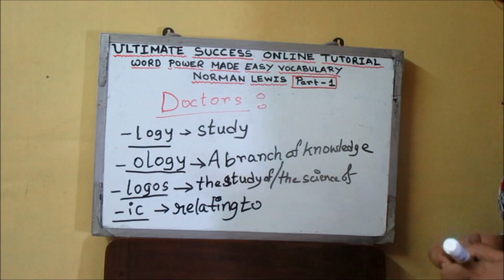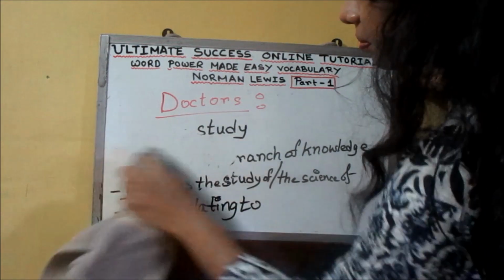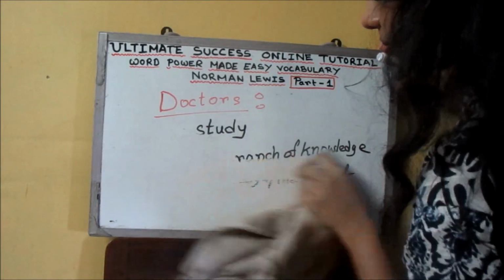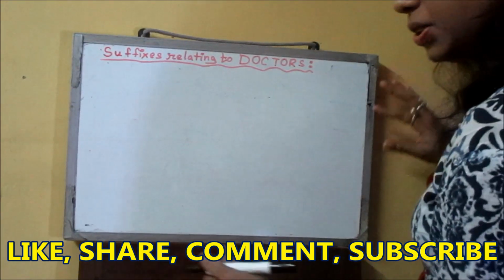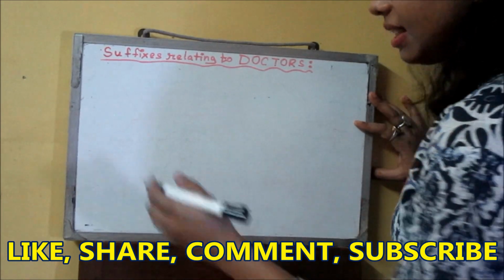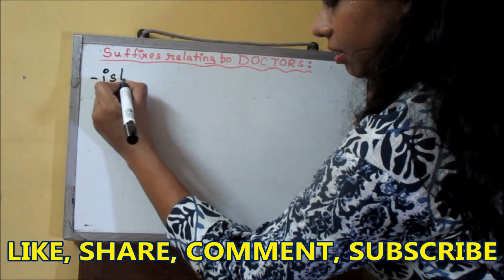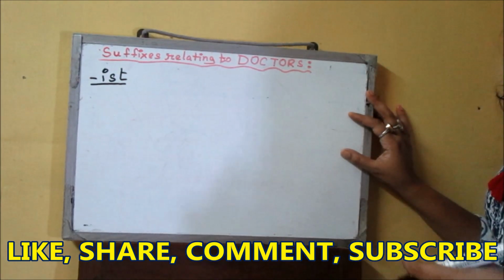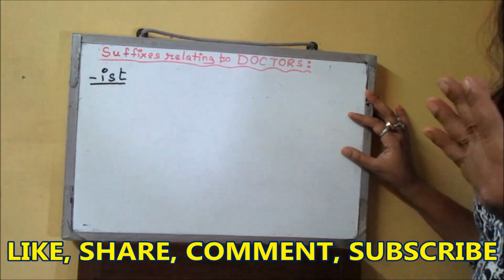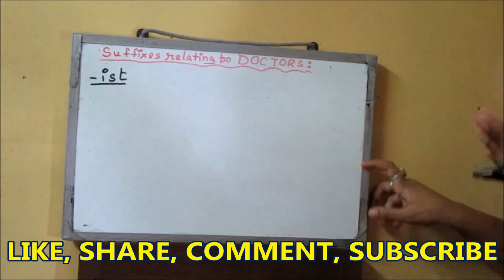Okay, so our next suffix is IST. IST generally comes at the end of a word, okay? As we know, all suffixes come at the end of the word.